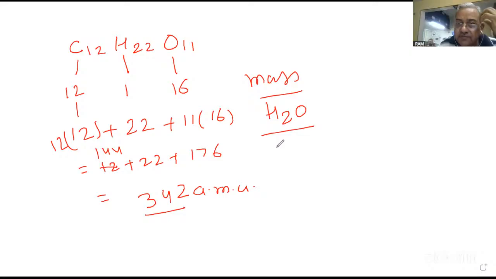Yeah, right. So now you are able to see how we can get the mass calculation to mass unit. Suppose it is HO, then it will be 1 plus 16 only. If it is H2O, then we have to multiply by 2 here. It will become 18. Clear?